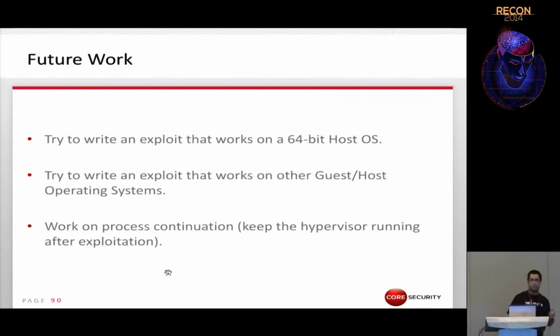Also, it would be interesting to write the exploit for other combinations of guest OS and host OS. And it would be really, really nice to work on process continuation. That is, that the hypervisor keeps running after exploitation. I didn't work on this. That's why after executing the calculator, the hypervisor crashed and went off.